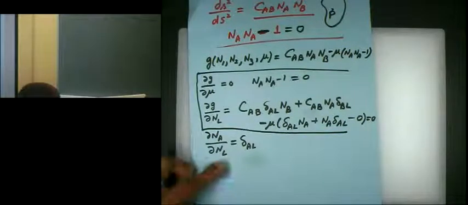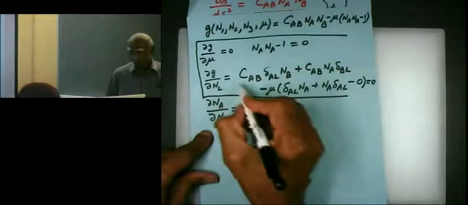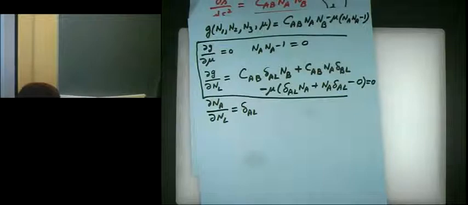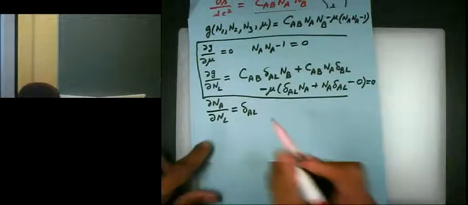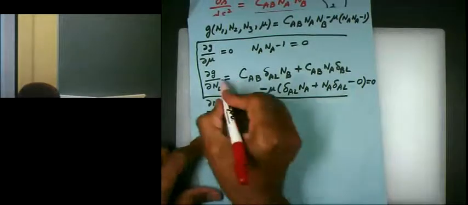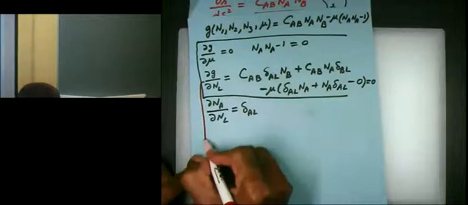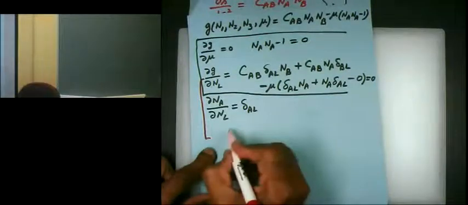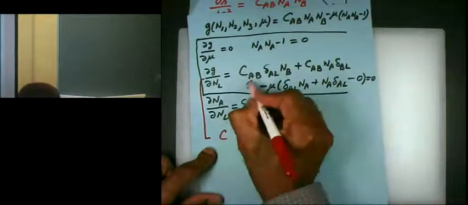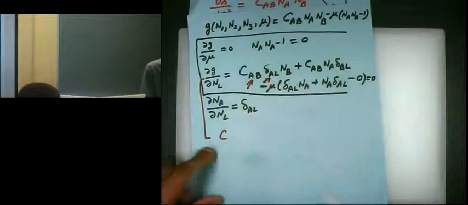Okay, now let's simplify this. We are still working with this equation and we want to simplify it. We have C, now this A and A is summed.